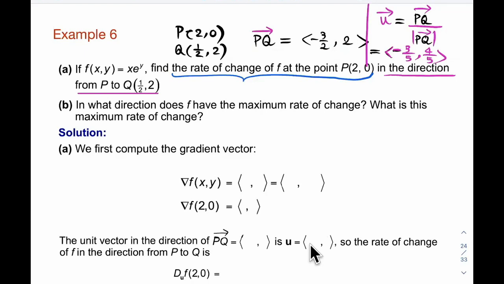Now, what are they looking for? They're trying to find the rate of change of the function at this point in this direction. So basically, they're trying to find the directional derivative.